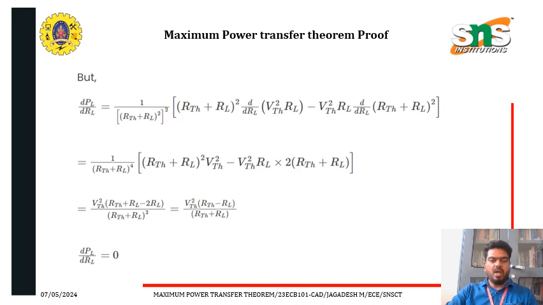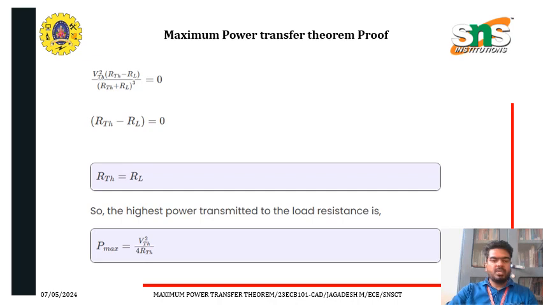So we have RTH plus RL whole square into d by dRL of VTH square into RL, minus VTH square RL by d by dRL of RTH plus RL whole square. This gives dPL by dRL equal to 0. So VTH square into RTH minus RL by RTH plus RL whole cube is equal to 0. So RTH minus RL is equal to 0. So RTH equals RL.